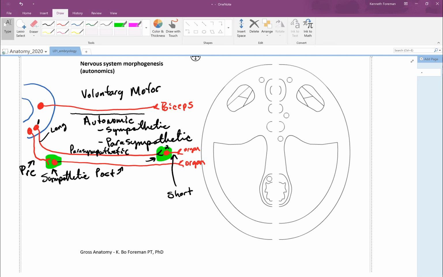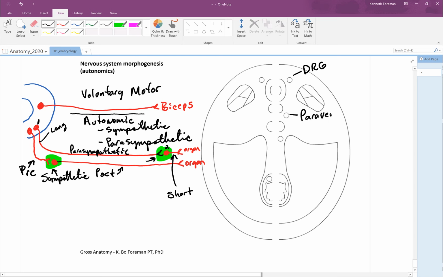So, in the picture to the right, our neural crest cells are here. Okay, those neural crest cells migrate, and they become the dorsal root ganglion. They become paravertebral ganglion. Those paravertebral ganglion would be the same as your sympathetic chain and ganglia right along the spinal cord.